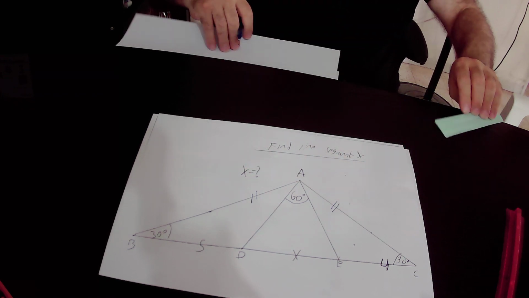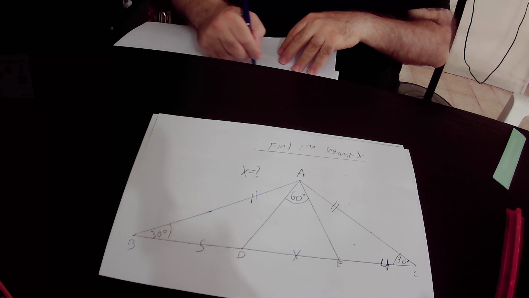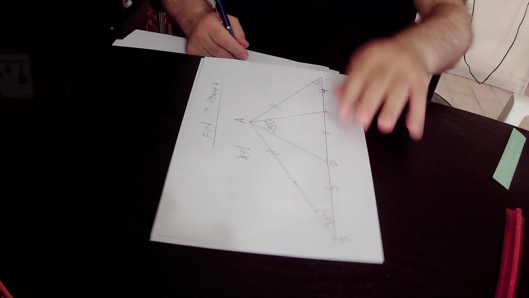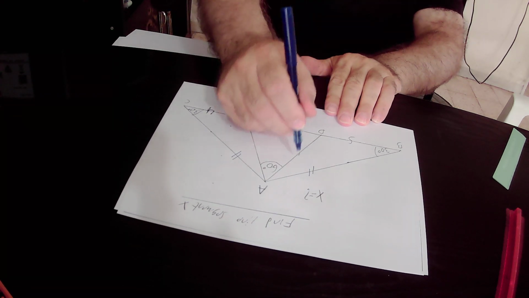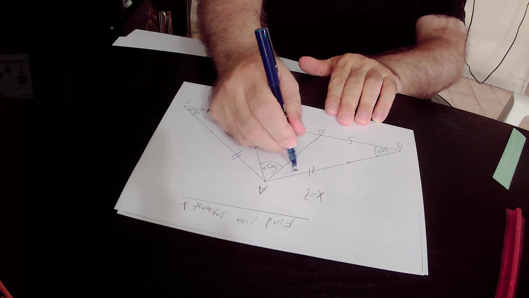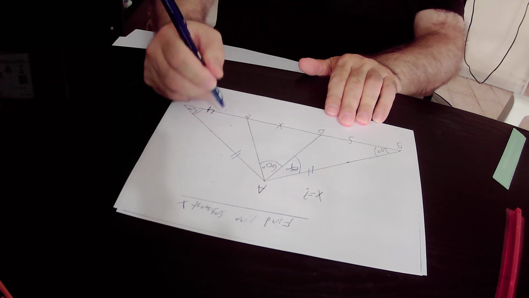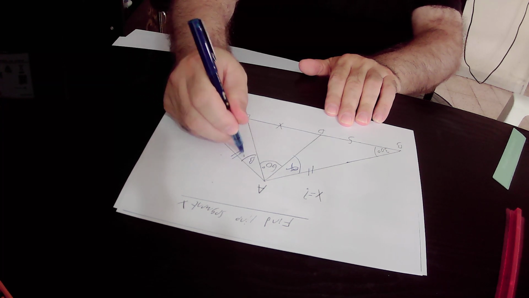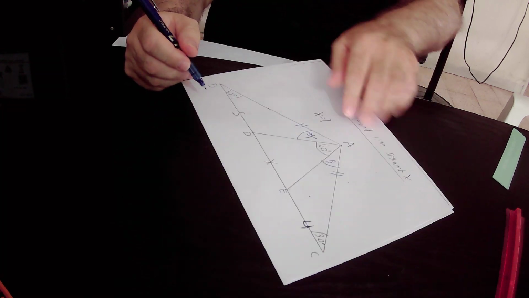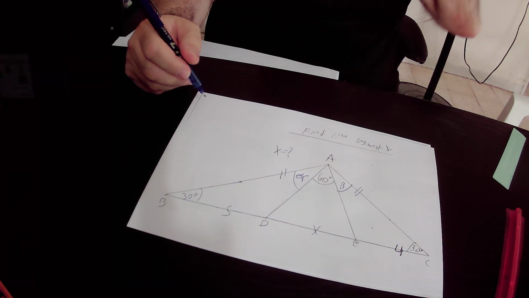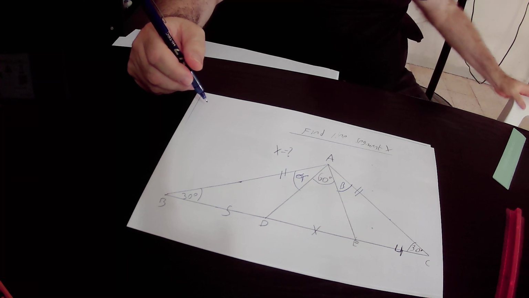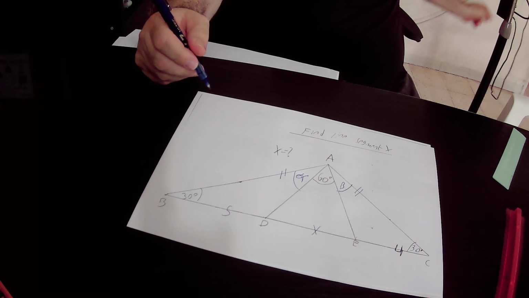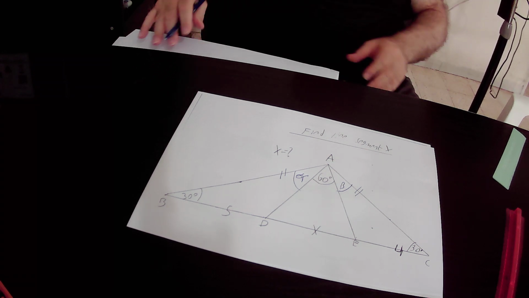Okay, and we also know that the sum of the angles in any triangle is equal to 180 degrees. So here we define angle ABD as alpha, and we define angle EAC as beta. According to the rule, the sum of the angles in triangle ABC must be equal to 180 degrees.